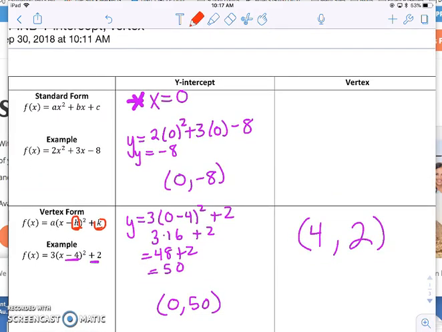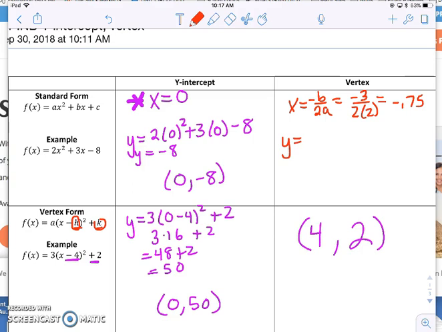When we go to standard form, to get our x-coordinate, x equals the opposite of b over 2a. So the opposite of b, so we'd have 3 over 2 times 2, which is -3 over 4, so -0.75. To get our y value, we'd have to plug that in.